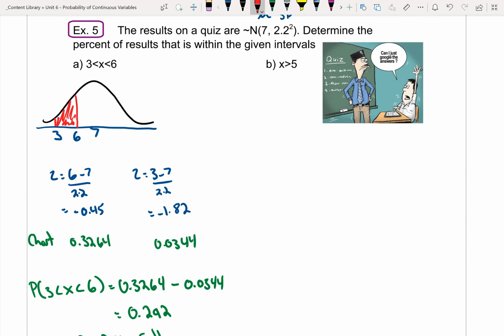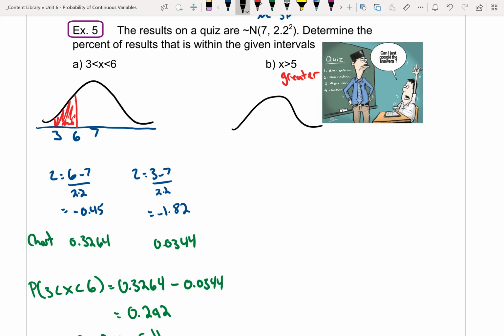Now, in part B, this is kind of different because we're looking for a value that is greater than 5. So what is the probability, or what percent of results are going to be greater than 5? So we'll use a little bit different notation. If I draw my normal distribution, I have 7.